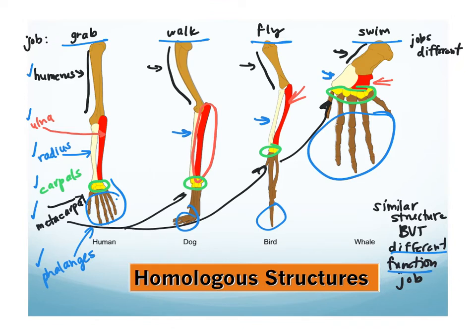And so scientists use homologous structures to prove that we all came from a similar or common ancestor, which proves evolution. And remember, the reason why you get these bones in the first place is that information is coded in your DNA.